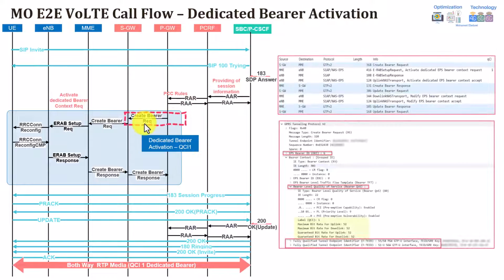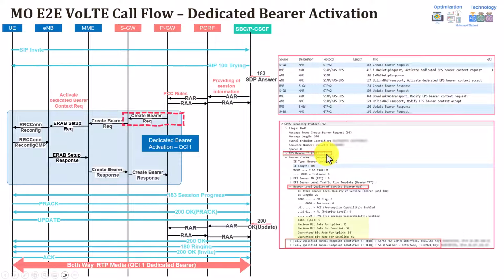Moving forward, for the dedicated bearer, once this information moved from here to there, this exact same information will be forwarded from the PCRF to the PGW, asking the PGW, now these are the PCC rules. I would like you to start creating a QCI1 dedicated bearer, a bearer for quality of service one. So this create bearer request, as you can see here, will have a lot of information.